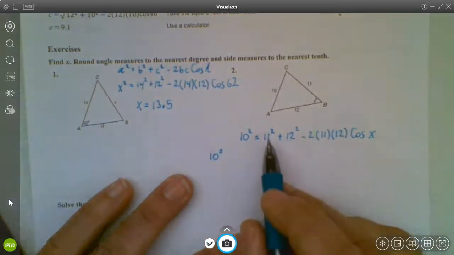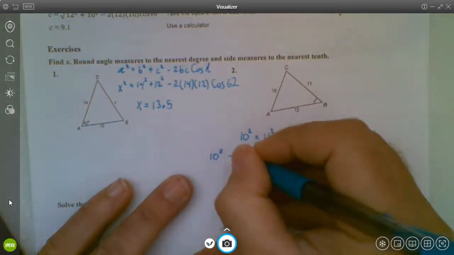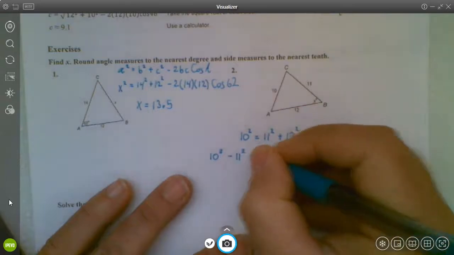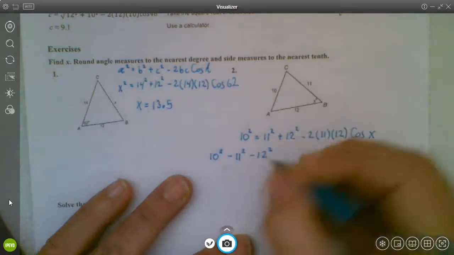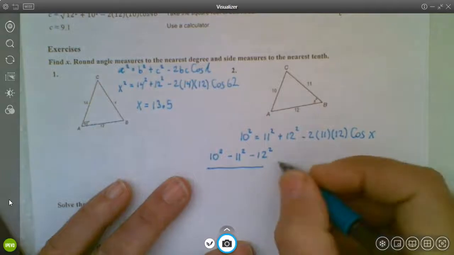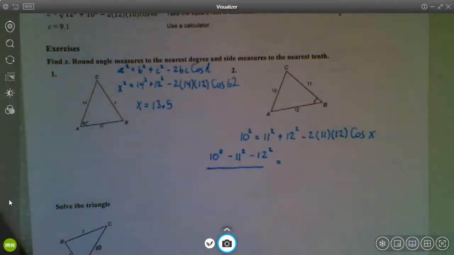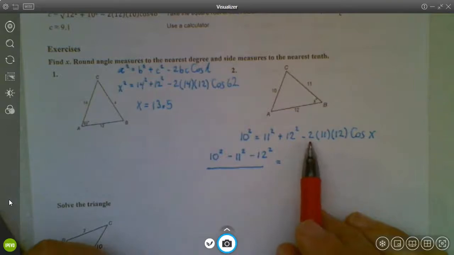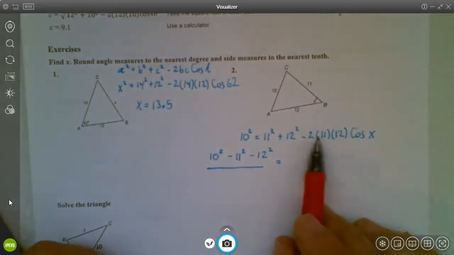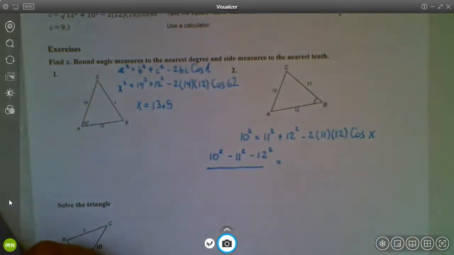So I'm going to subtract the 11 squared and the 12 squared over to the other side. After the minus sign, this is all multiplication, right? This is negative 2 times 11 times 12 times cosine x.